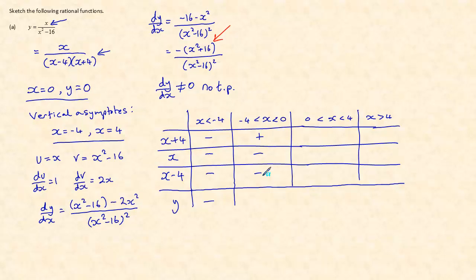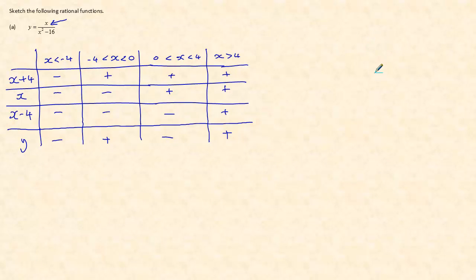The other two are still negative, so overall that's positive. Between 0 and 4, this one is positive, this one is positive, but the other one's still negative. So overall negative. And when x is more than 4, all three parts of the function will be positive, so overall y will be positive.